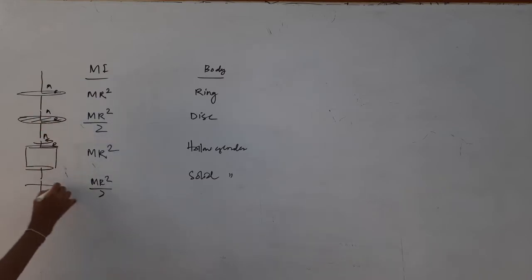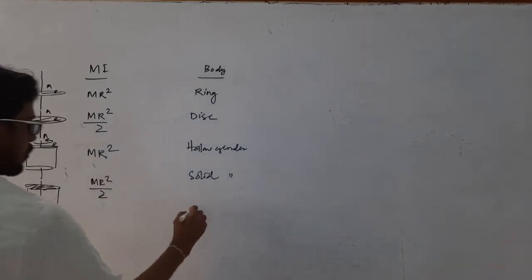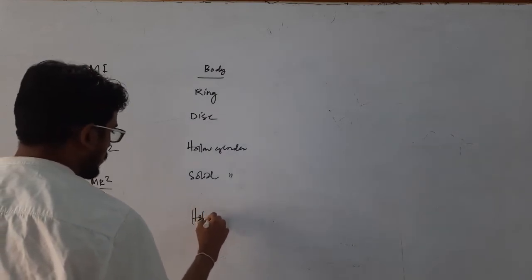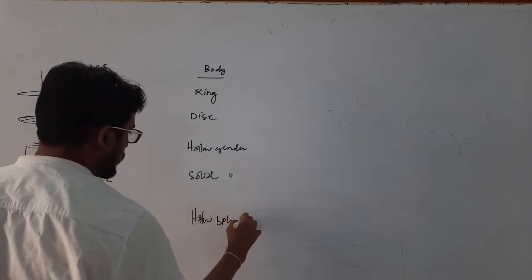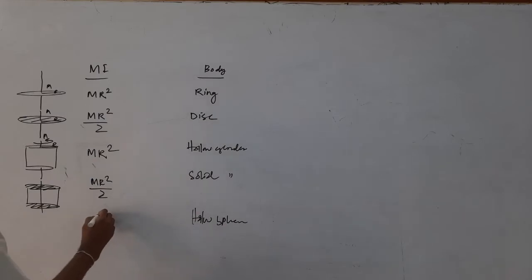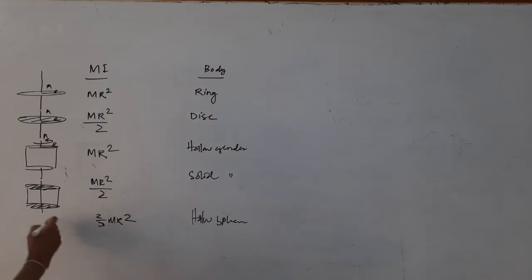So this is the axis and here the cylinder is solid, mr square by 2. Then sphere, hollow sphere, it is 2 by 3 mr square about this axis.